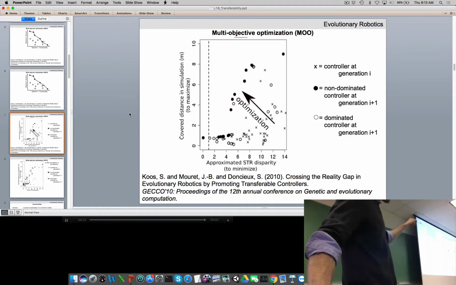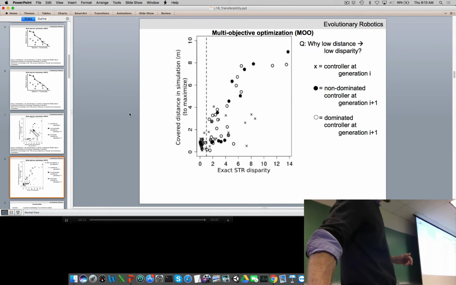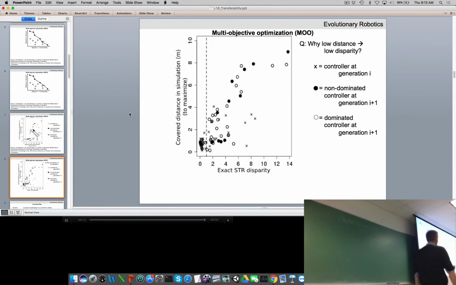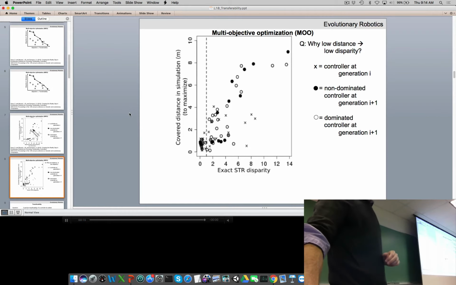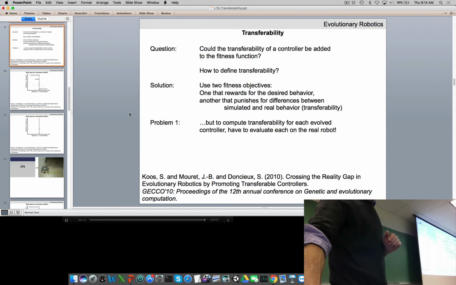They took all of these controllers and actually ran them on the physical robot. And so now they know the exact disparity. Remember, we're trying to minimize disparity. We can see some of these points move a little bit because their approximate disparity is not the same as their exact disparity. Okay, we'll come back to that in a moment, but I just wanted to show you what a real Pareto front looks like in their experiment, at least.